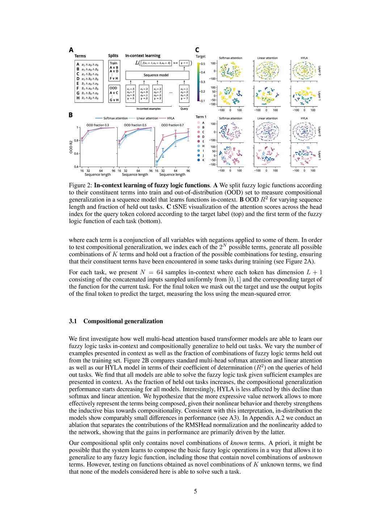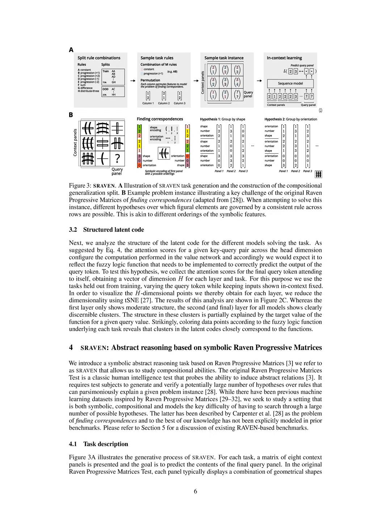The more expressive value network in HYLA allowed for more effective representation of the terms being composed, enhancing the inductive bias towards compositionality. Additionally, the structured latent code analysis showed that the attention scores in the final query token attending to itself formed a functionally structured space, identifying reusable subfunctions in abstract reasoning tasks. The clusters in the latent codes closely corresponded to the functions underlying each task, demonstrating the structured nature of the latent code.